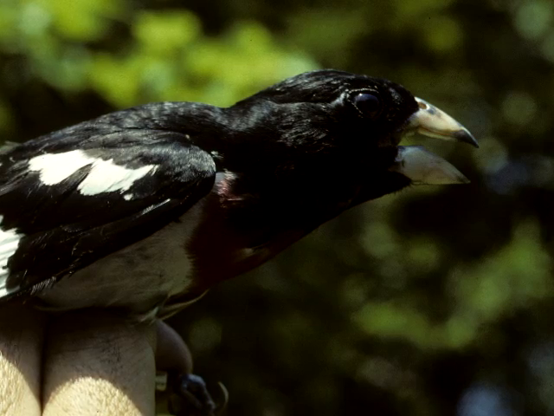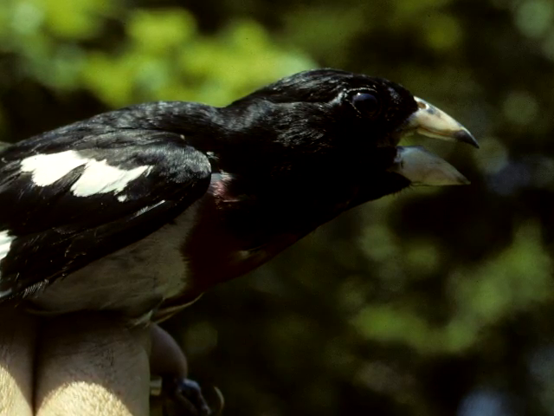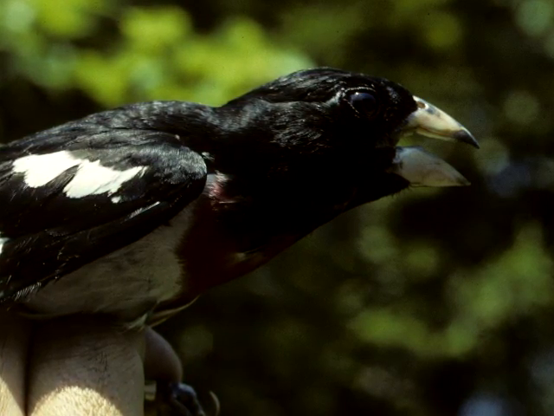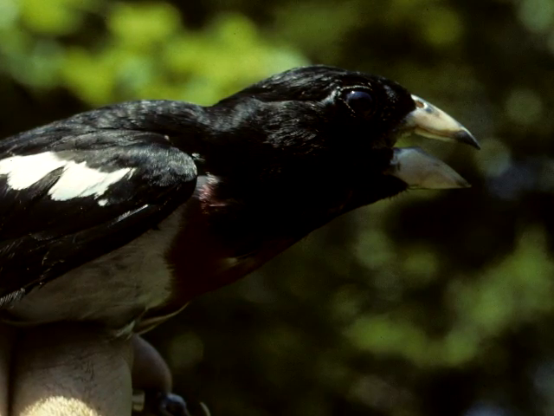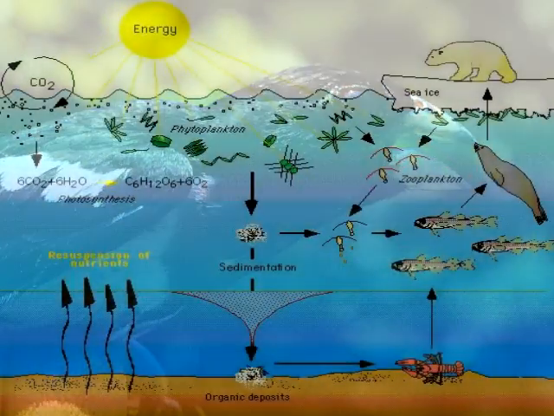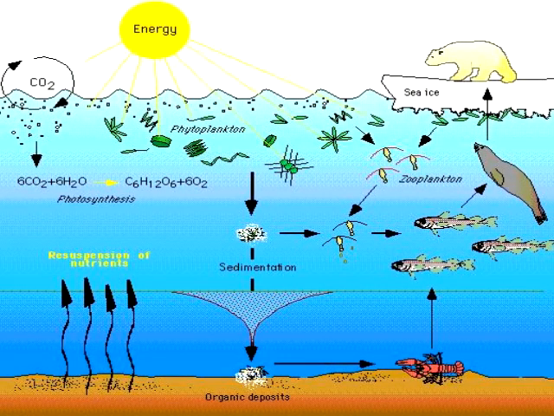So let's see what this might look like if we made a graphical representation of the relationship among organisms. This is a diagram prepared by the National Oceanic and Atmospheric Administration that illustrates a food web, a reasonably simple food web that we might find in the Arctic.